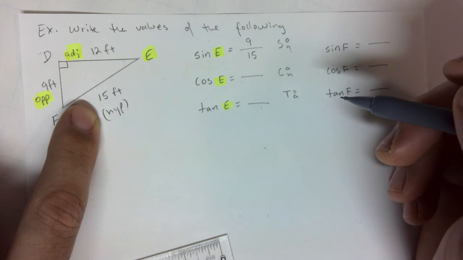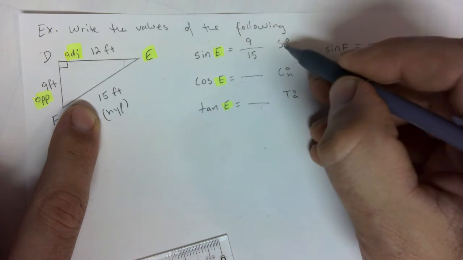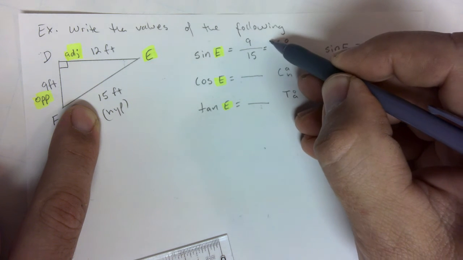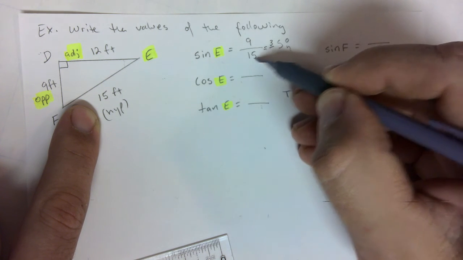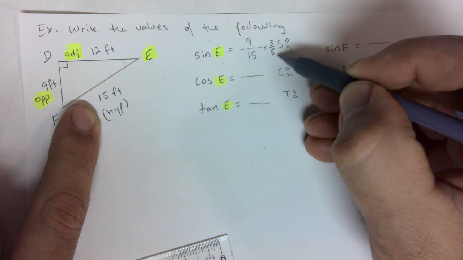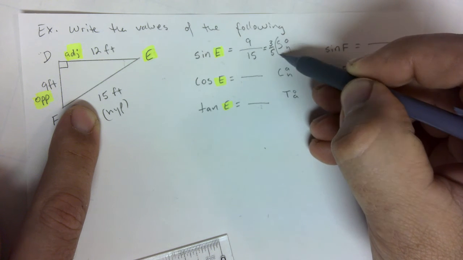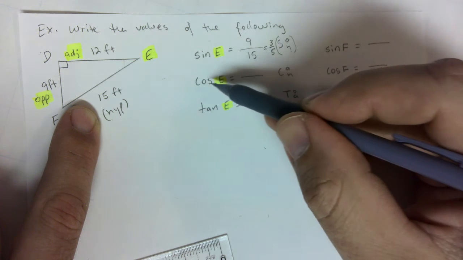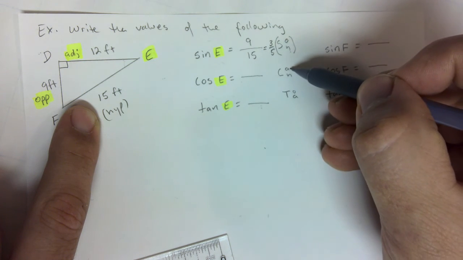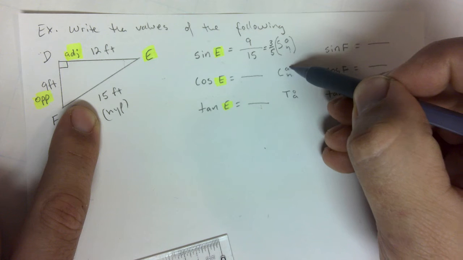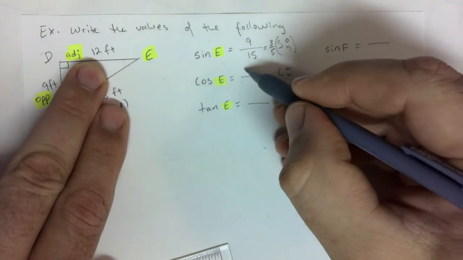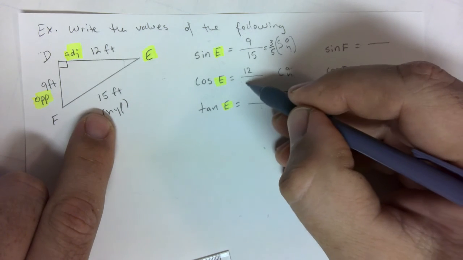I'm in trouble right now because I used this up, but I know 3 goes into both of them. So 3 goes in there 3 times, 3 goes in there 5 times. So this is really what it is. And this is just in brackets like that to help you, right? Cosine of E is adjacent over hypotenuse. Very important to put them in the right place. So the adjacent is 12, the hypotenuse is still 15.